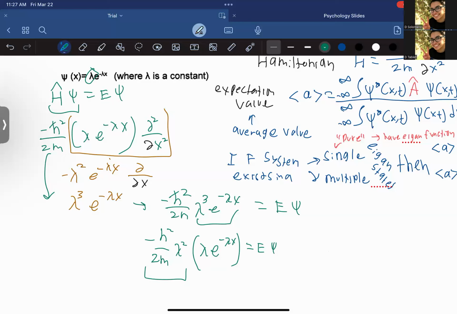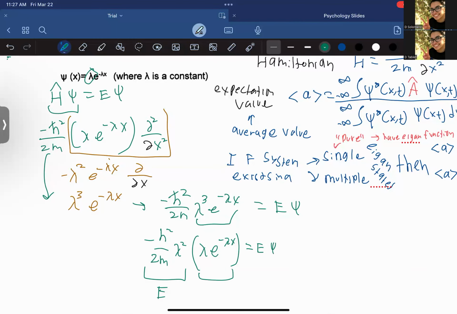So then this part is our eigenvalue. And then this part is our wave function, which means that this was an eigenfunction. Right? Because if you have an eigenfunction, then you should be getting your eigenvalue out from that.